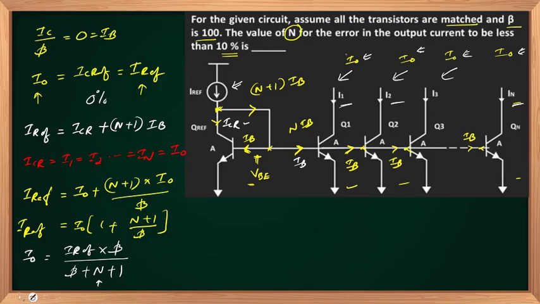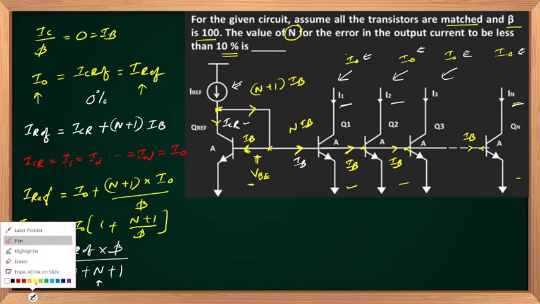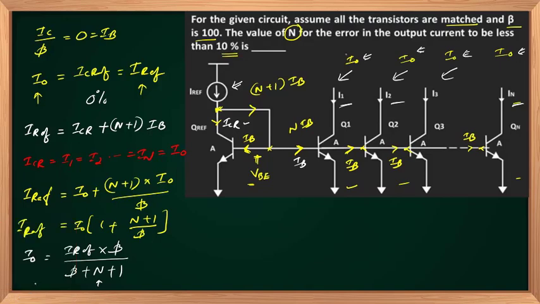In the question it is given that the error should be less than 10%. This implies I out should be greater than 0.9 times the reference current, I reference.